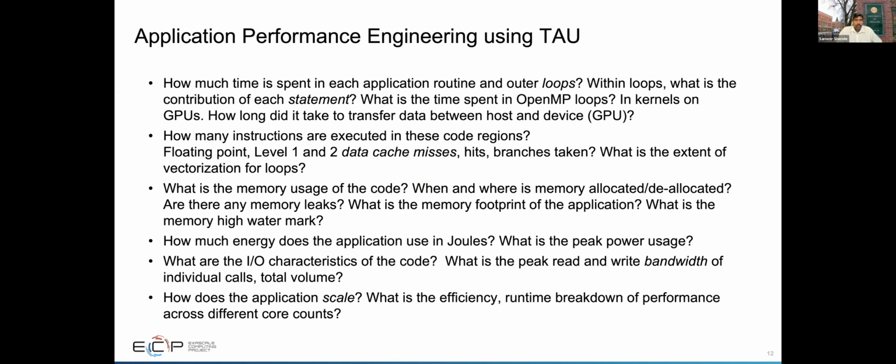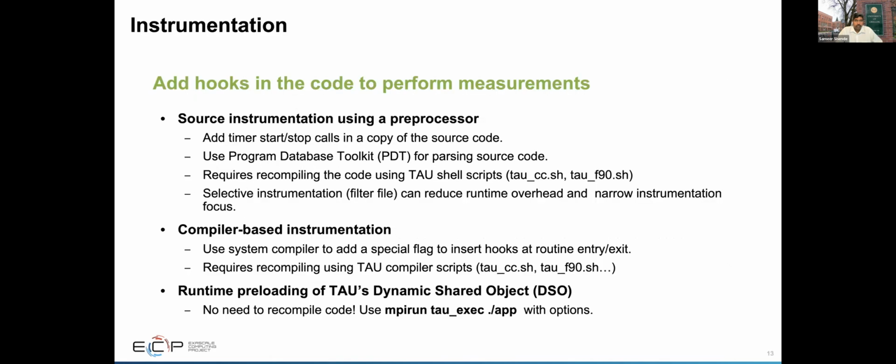It can show you memory usage of the code, the memory footprint, the energy usage, the IO characteristics, even how the application scales. And to generate all this data, you need to add hooks to the code. This can be done at the preprocessor level using PDT, or the compiler-based instrumentation level, or you can even launch an uninstrumented application using tau's tau_exec tool, which preloads tau's dynamic shared object or shared library.